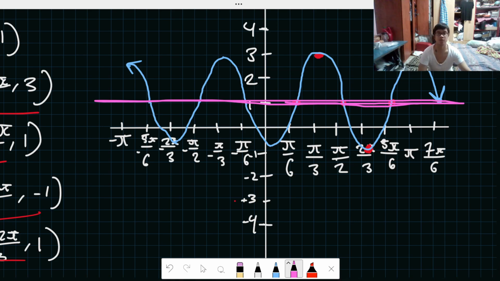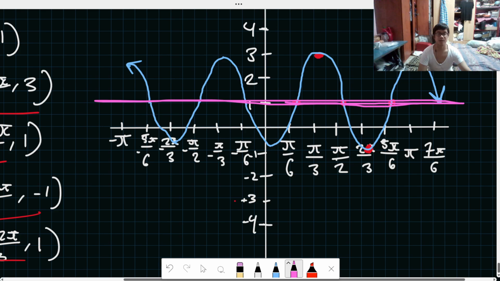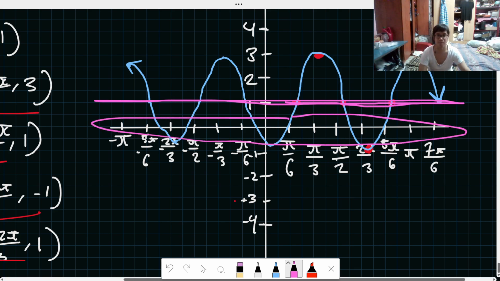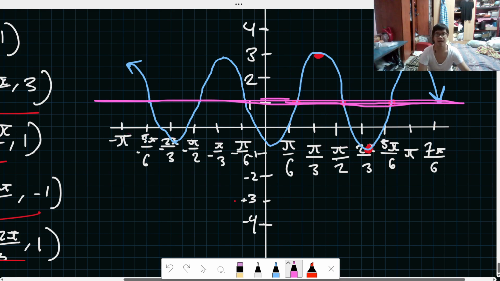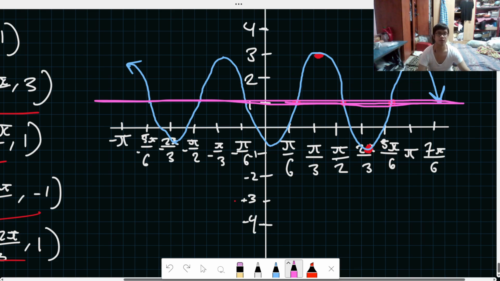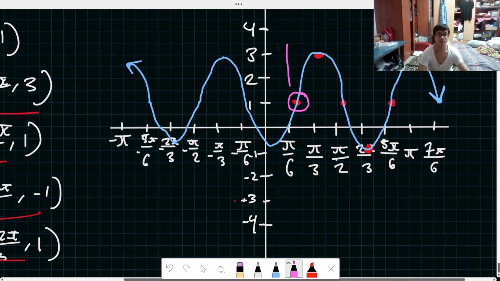If you observe, there is actually a movement of the graph vertically, because initially it should be here, but the midline is at exactly 1. That means the graph moves upward by 1 unit. Second, the first key point is here.